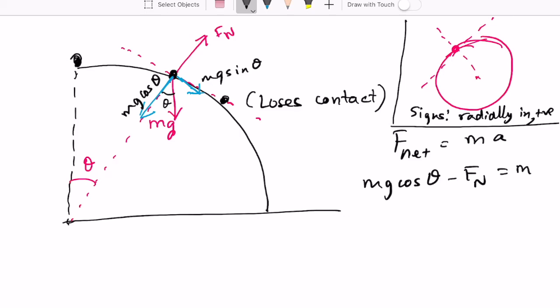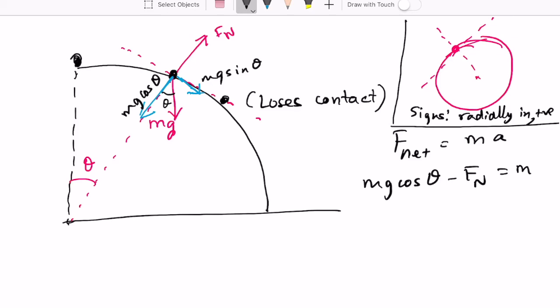Now, what is the acceleration of an object that's moving in a circle? If you think back to chapter 5, where you studied centripetal force, or centripetal acceleration, that is the acceleration of an object moving in a circle. It's a centripetal acceleration which points towards the center of a circle. Whenever an object moves along some curve or along a circle, it has to have an acceleration which is pointed towards the center of the circle, which is called the centripetal acceleration.